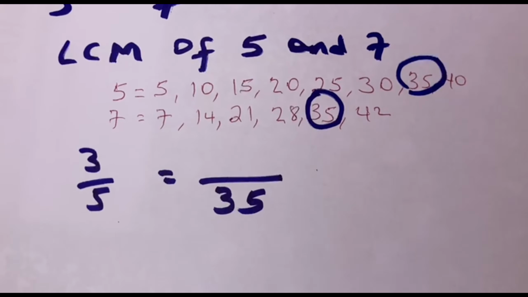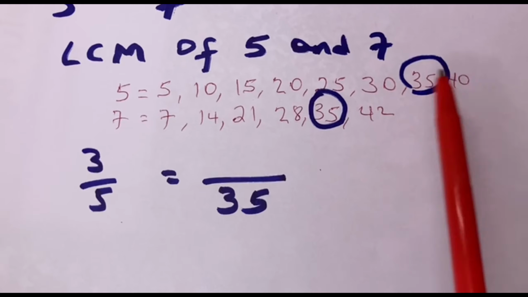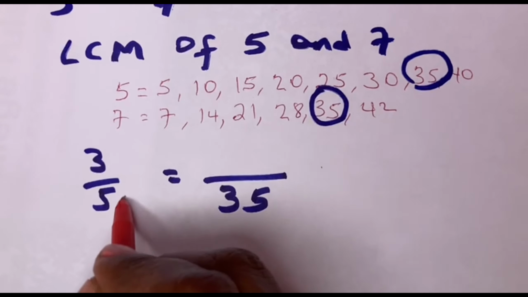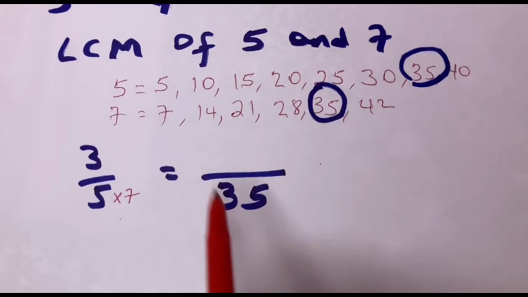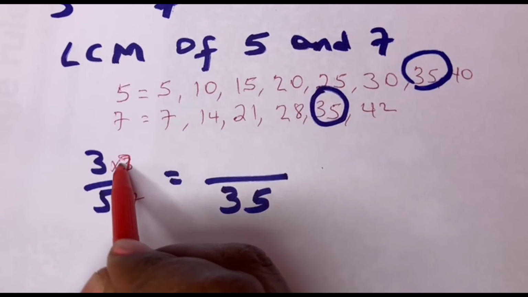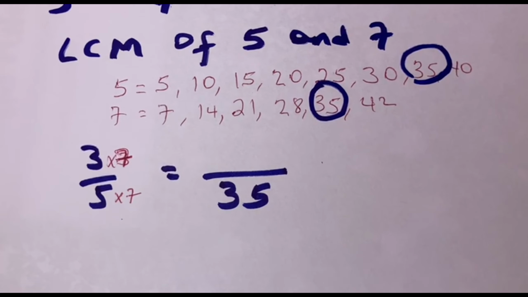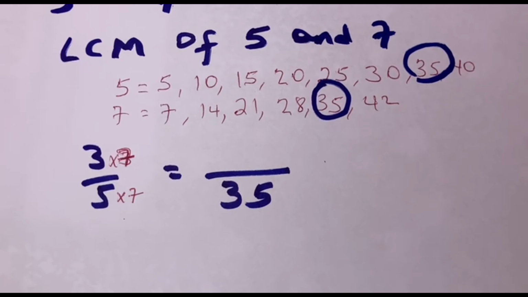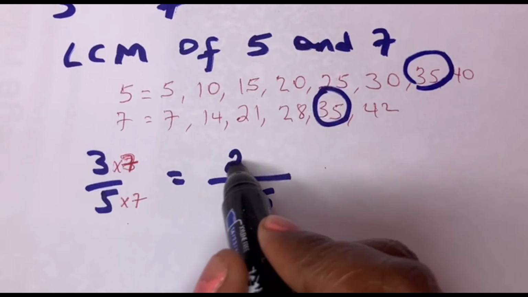By multiplying how many times? 1, 2, 3, 4, 5, 6, 7. So the denominator has to be multiplied by 7. That's why we get 35. And we do the same thing for the numerator: the numerator must be multiplied by 7 as well. So 3 times 7 is 21.